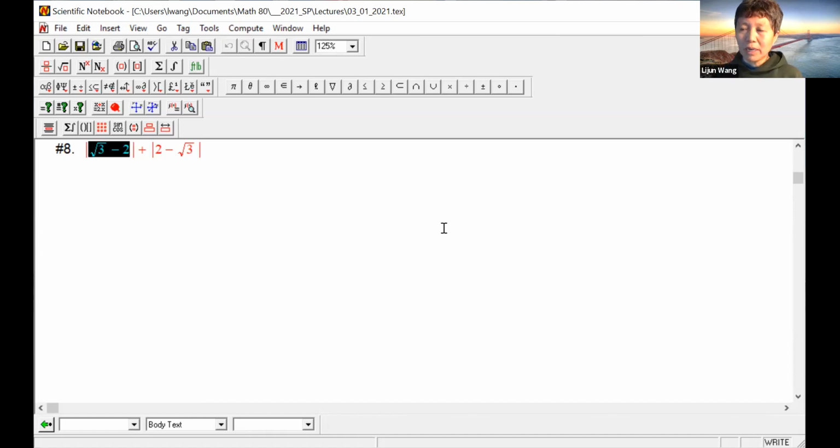Is root 3 minus 2 positive or negative? No calculator, please. How do you decide whether root 3 is positive or negative if you don't use a calculator?